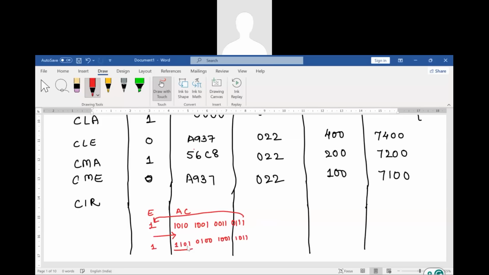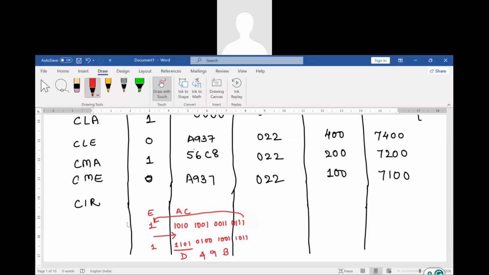So this is D, which is 13, then 4, 9, and B, which is 11. So D49B would be the updated value of my accumulator.